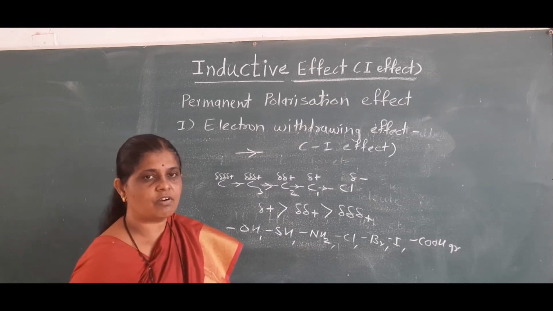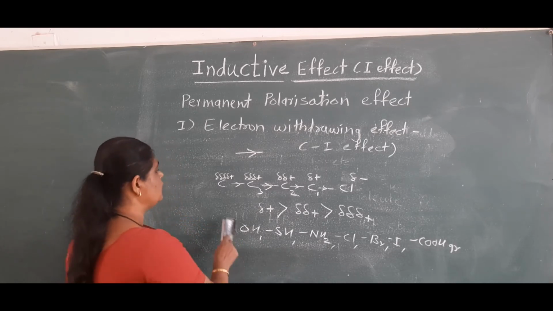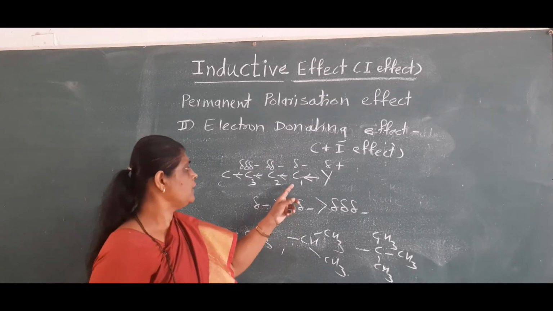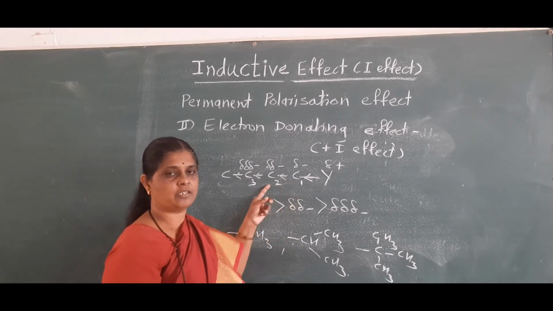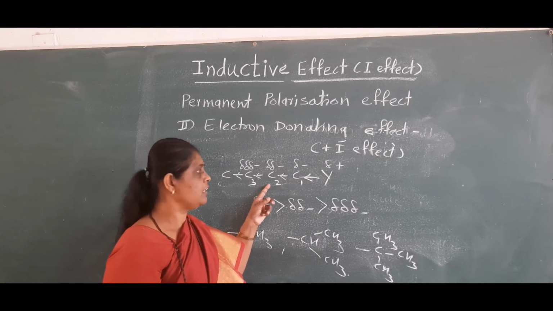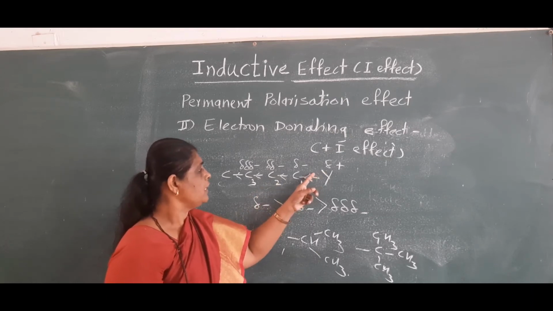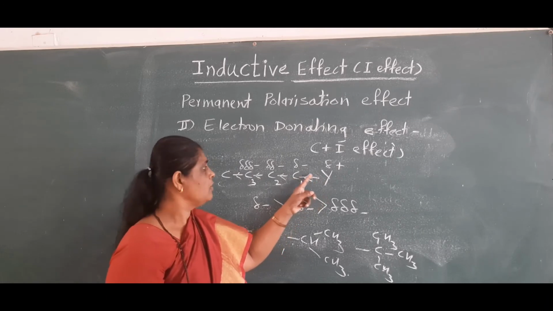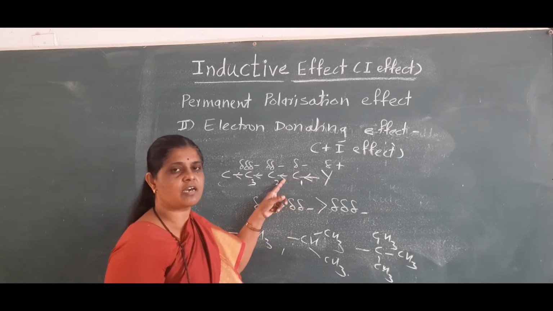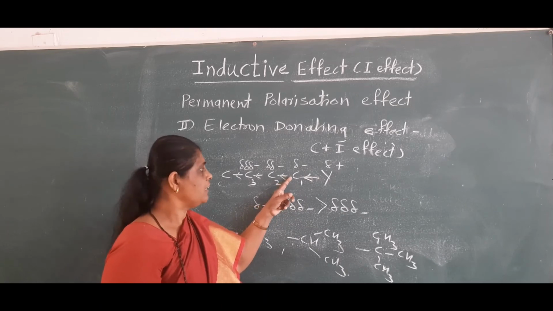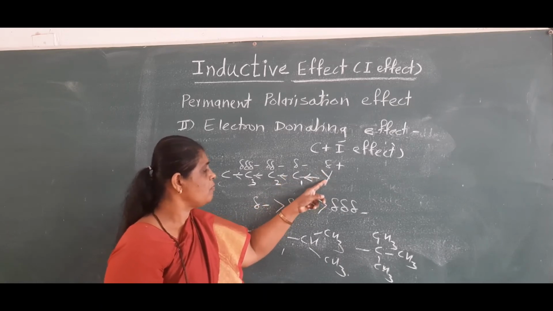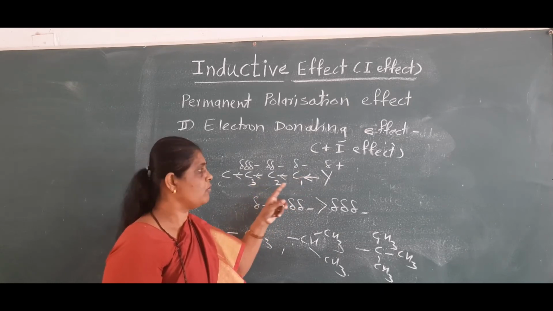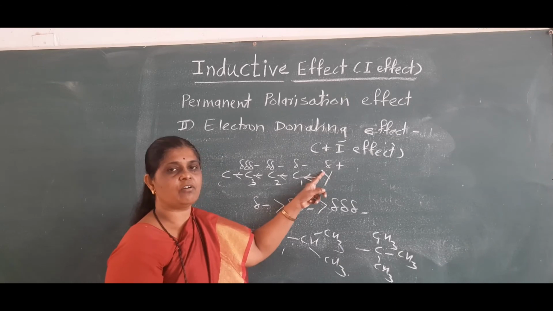Now we see what is meant by electron donating inductive effect. When an electron donating atom or group is attached to a carbon chain or carbon system, the electron density between carbon and that atom moves towards the carbon system, and as that group donates the electron density towards the carbon system, it is an electron donating group.